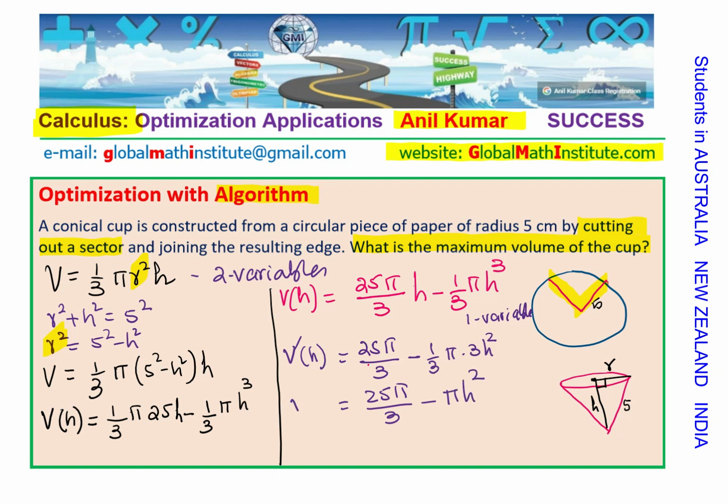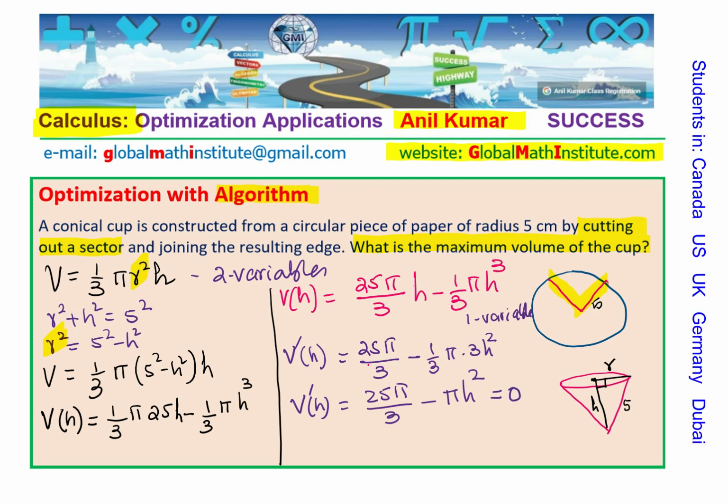So that becomes the volume derivative. Critical number means I have to equate this to 0 to find the critical number, right? So once you equate it to 0, you can easily find the critical number, right? So we are now finding the critical number.